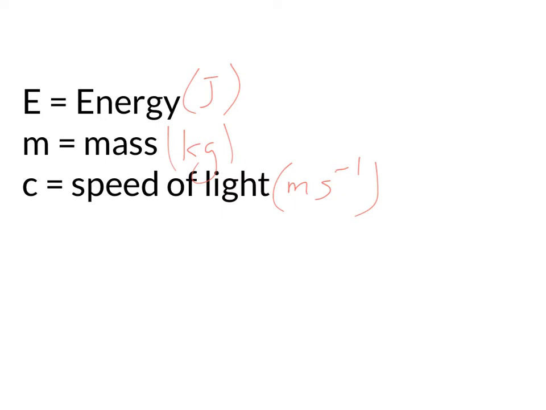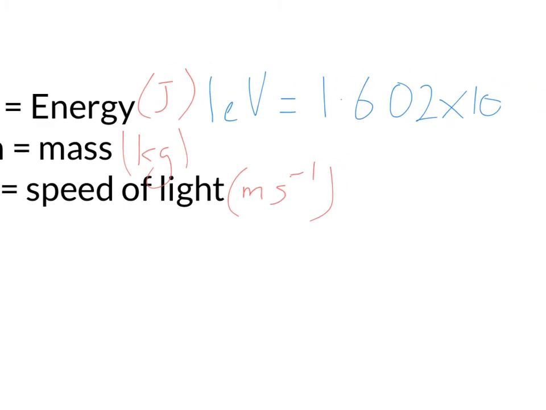For example, with energy, you might be given the electron volt. So you can use your log tables to remind yourself that 1 electron volt is going to be equal to 1.602 by 10 to the power of minus 19.